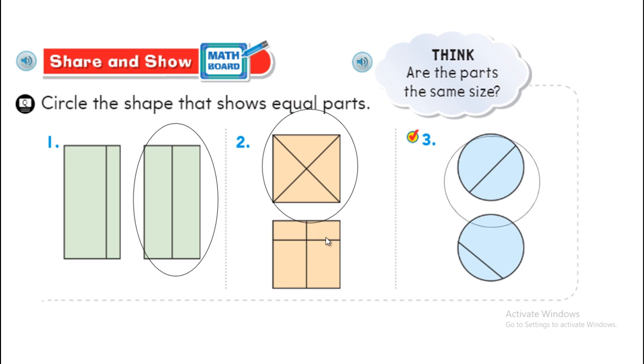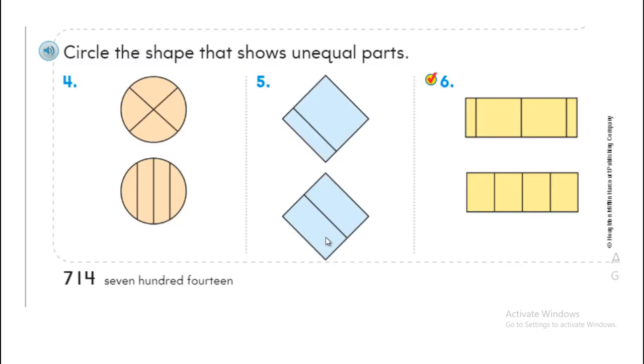Wonderful, the first one. Now, in this question, careful, there is another question. Circle the shape that shows unequal parts. So this time we will circle the shapes which show unequal parts. Which circle shows unequal parts? Are they all equal?